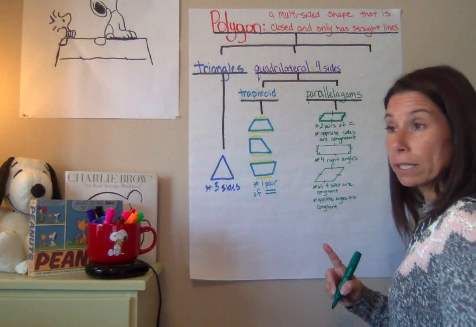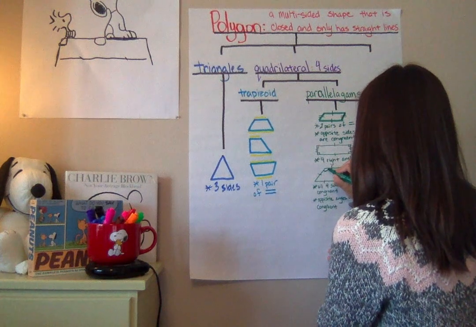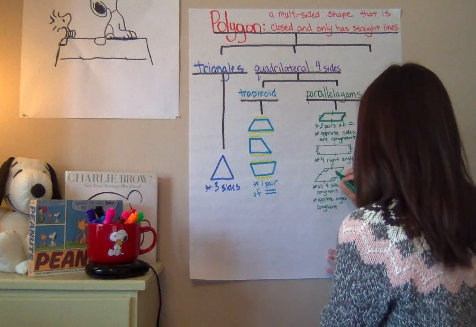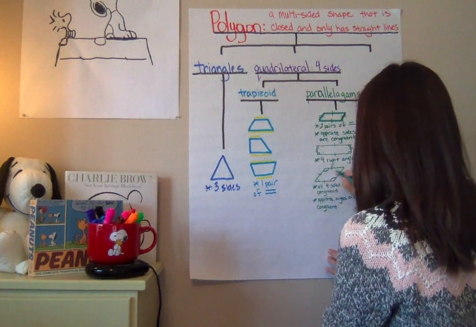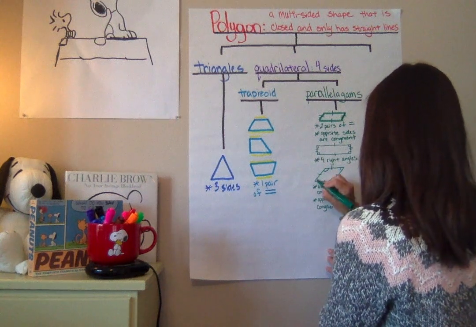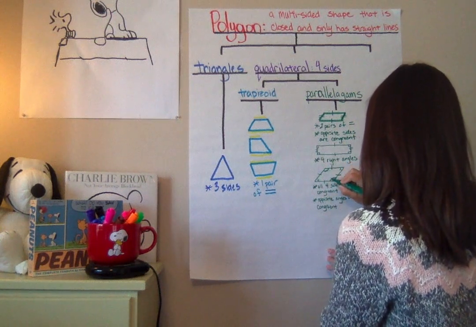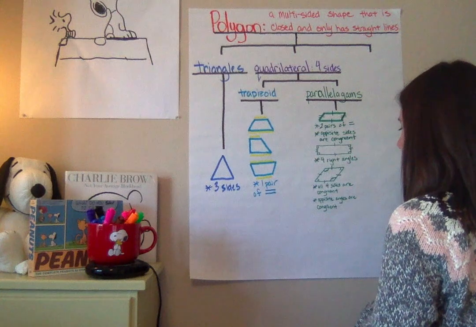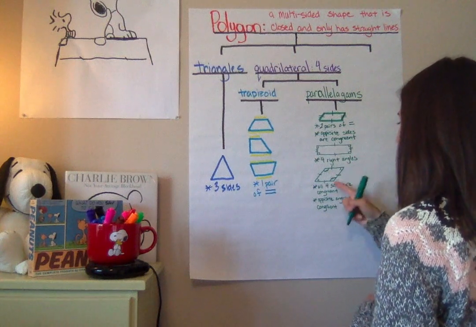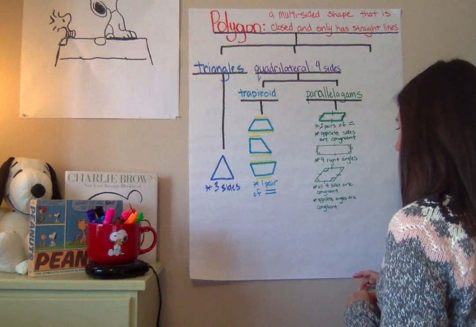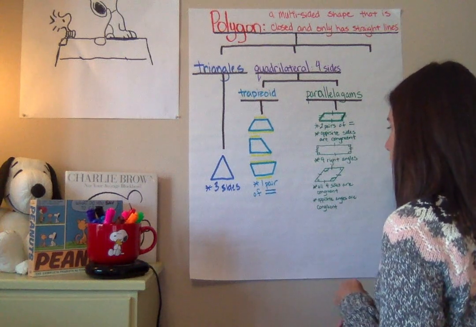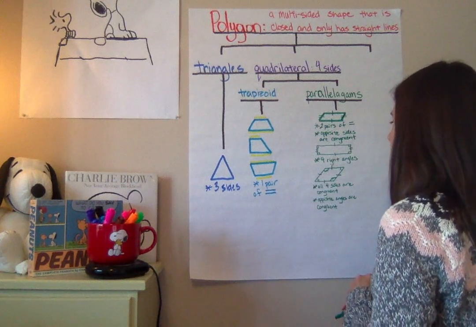It also means that this angle and this angle are the same, and this angle and this angle are the same. Okay? And then all the sides are the same length. But they also have 2 sets of parallel lines.